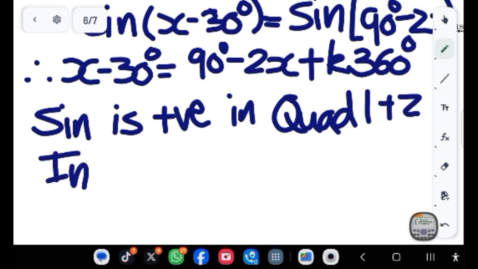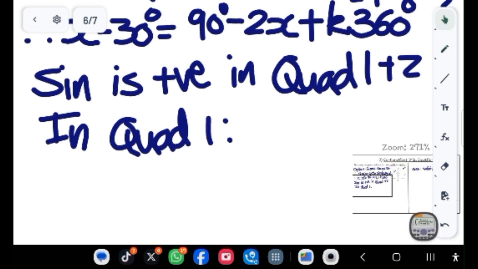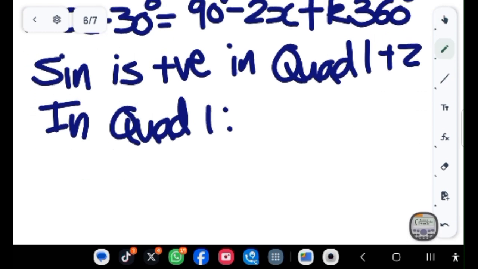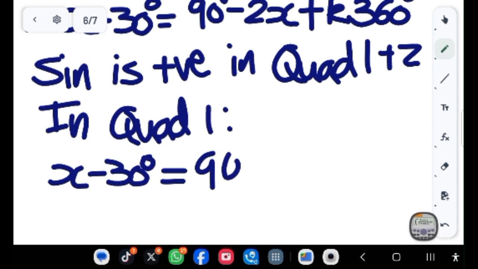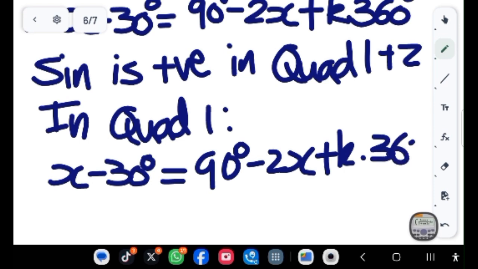In quadrant one, we just simply have this as it is with the reference angle. So we take everything, that will be equal to 90 degrees minus 2x plus k times 360 degrees, where k is an element of integers. So we take all the x's together.